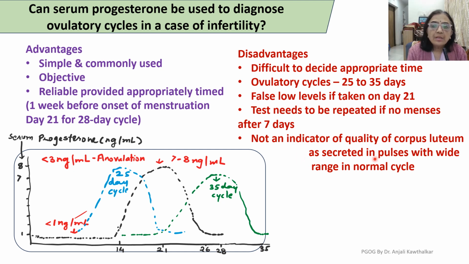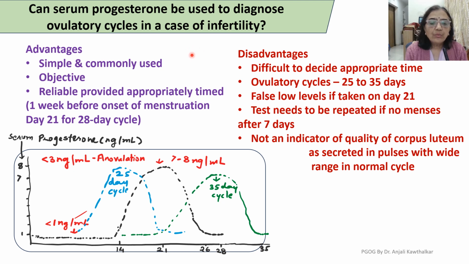And that is the reason serum progesterone estimation only helps us to diagnose whether it is an ovulatory or anovulatory cycle, provided it is appropriately timed. It is not an indicator of quality of corpus luteum, and it is not going to help us to diagnose corpus luteal insufficiency or luteal phase defect, LPD. For that, serum progesterone is of no use. That is important.